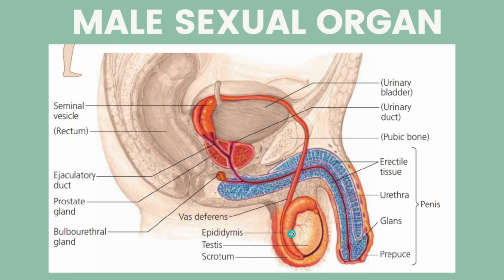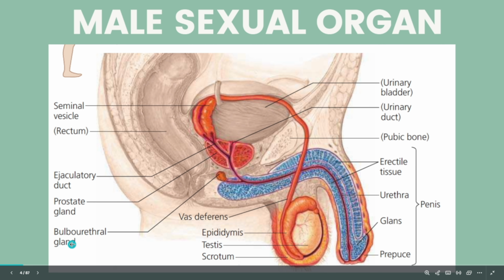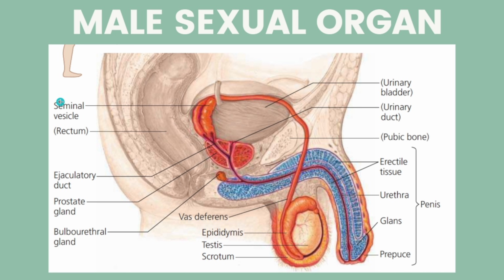You need to know sperm is a cell, so how can the sperm be transported from the penis to the female sexual organ? They require a medium, water, to transport easily. The seminal vesicle, prostate gland, and bulbourethral gland all three secrete the semen, but the seminal vesicle plays the major role, so that the sperm can be transported easily from the male sexual organ into the female sexual organ during sexual intercourse.